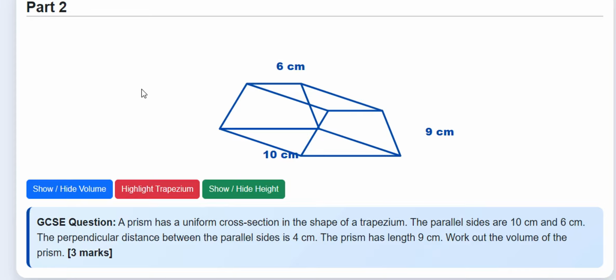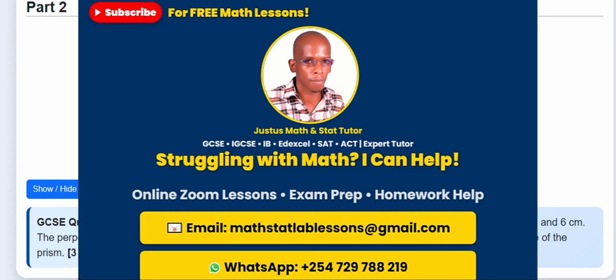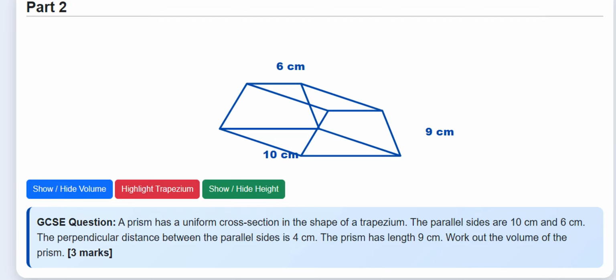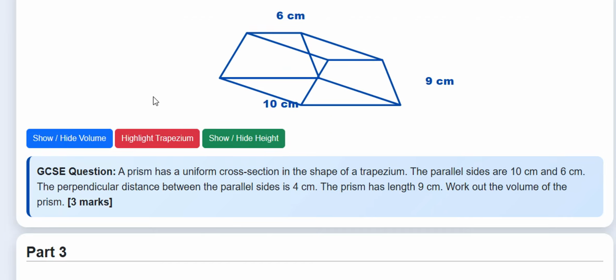Let us try another example. In this question 2 here, you are told a prism has a uniform cross-section in the shape of a trapezium. Then the parallel sides are 10 centimeters and 6 centimeters. The parallel sides, of course, are this one and this one.